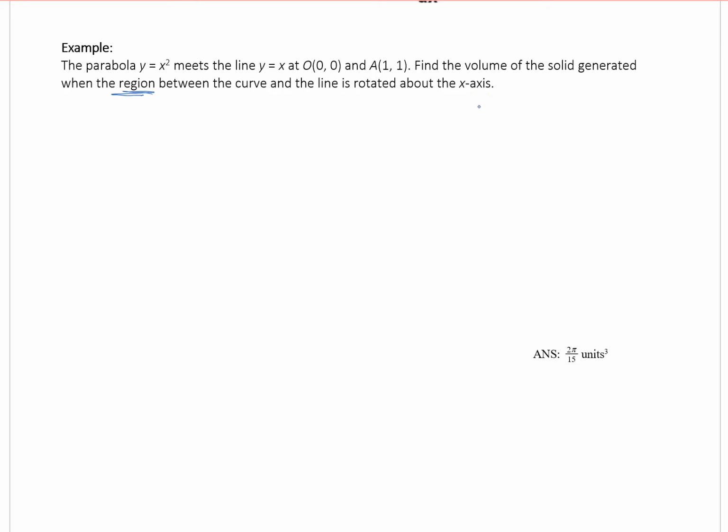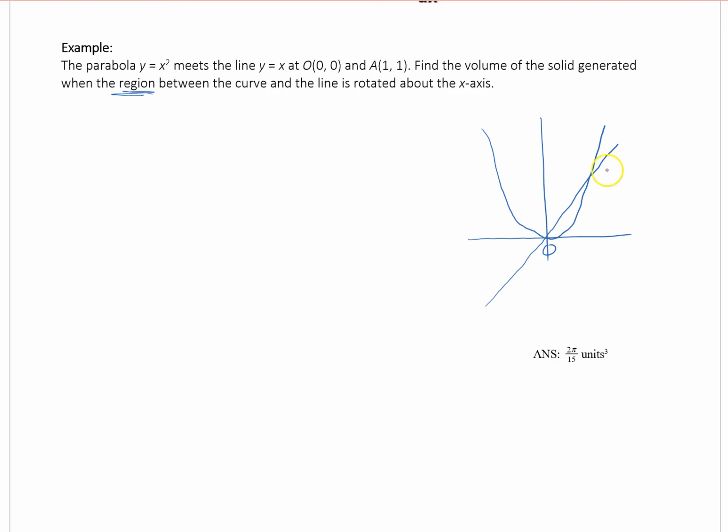It is actually the example that I talked about in the previous video. Let me draw it up again for you. I'll draw it this time, whereas before it had a proper diagram drawn for you. So we've got y equals x squared, we've got y equals x, a straight line.